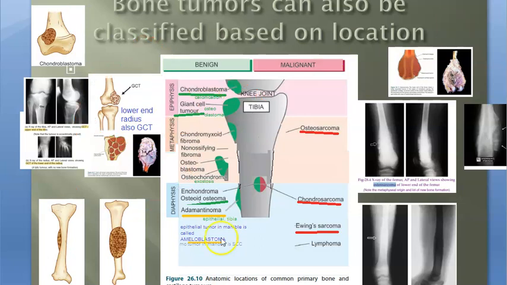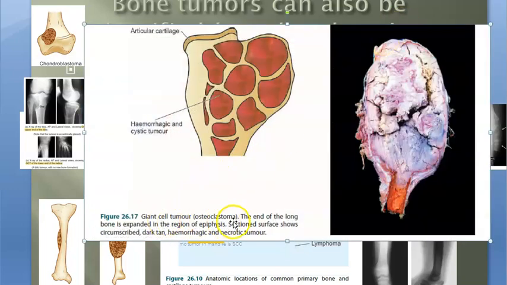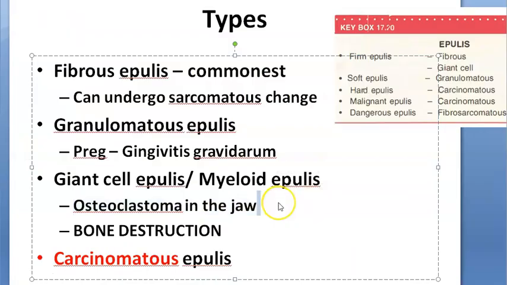Soap bubble appearance, right? In this image of giant cell tumor, you can see a honeycomb or soap bubble appearance. The only good thing is that it is a benign condition.